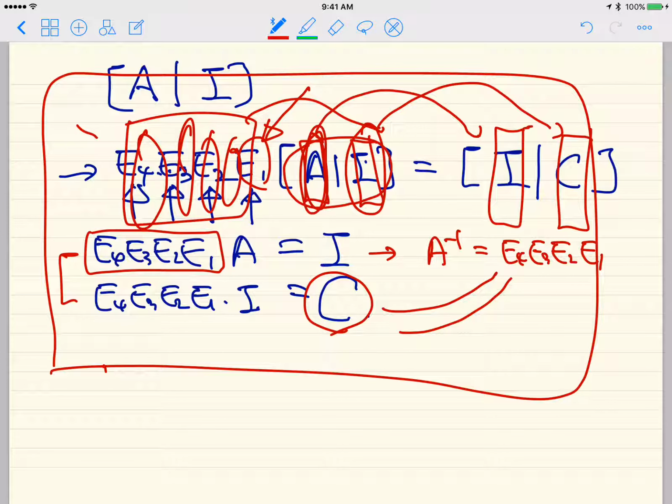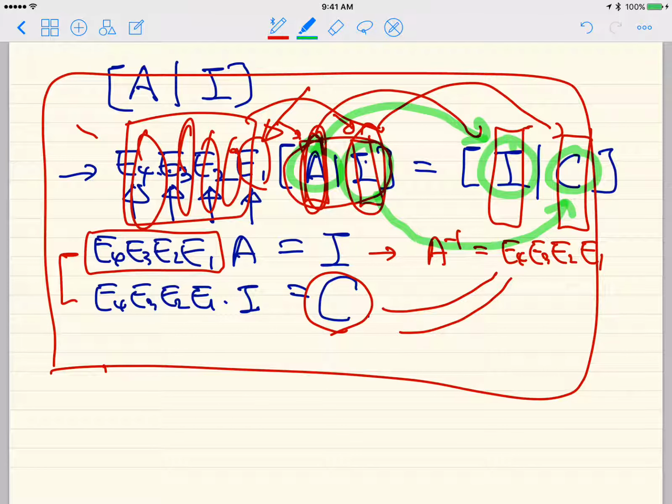That row reduction is applied on A, and also on the right part, the identity matrix. Suppose you obtained the identity matrix from the input matrix A, and the identity matrix, after going through the exact same transformation, was converted into C.